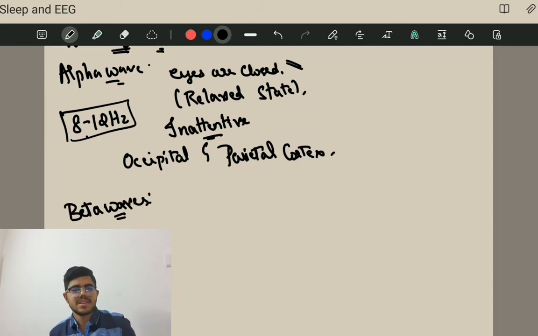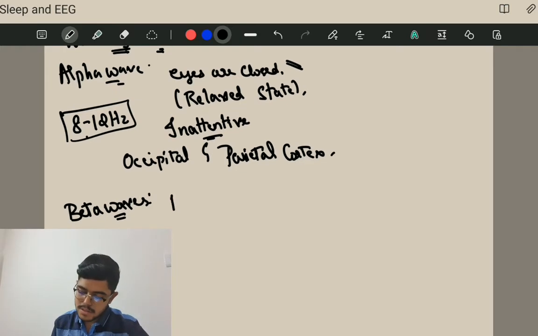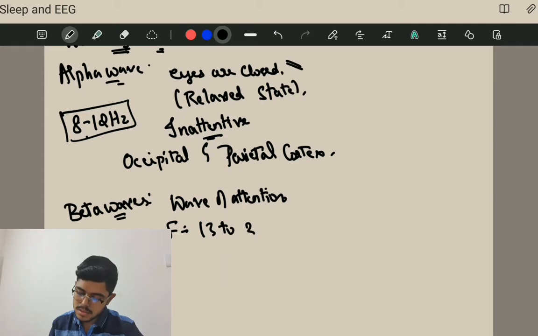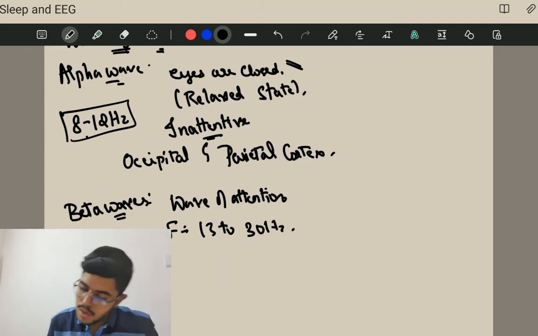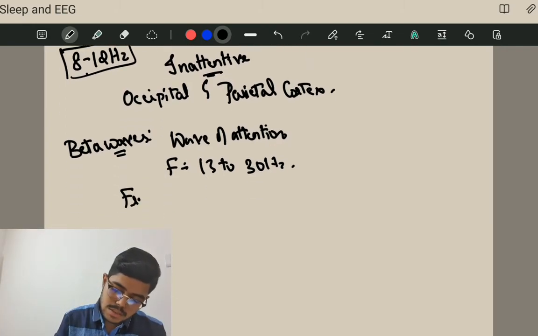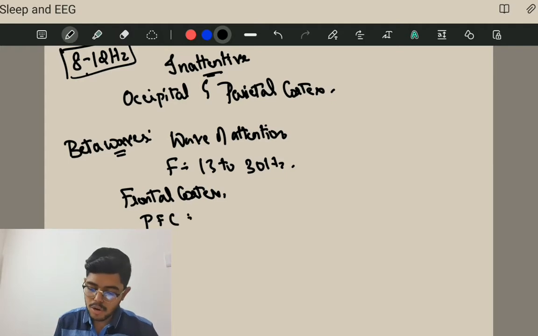Now we'll move on with beta waves. Beta waves are very simple. It is basically a wave of attention. The frequency is about 13 to 30 hertz. It is mainly generated from the frontal cortex, or also from the PFC, the prefrontal cortex.